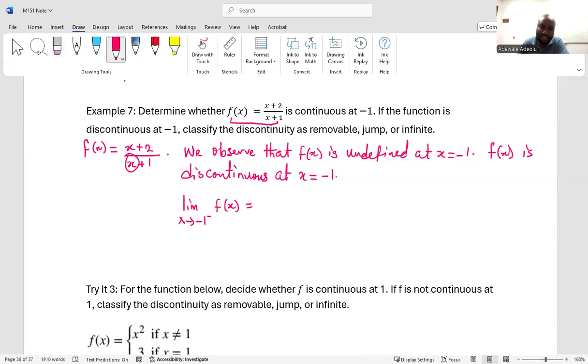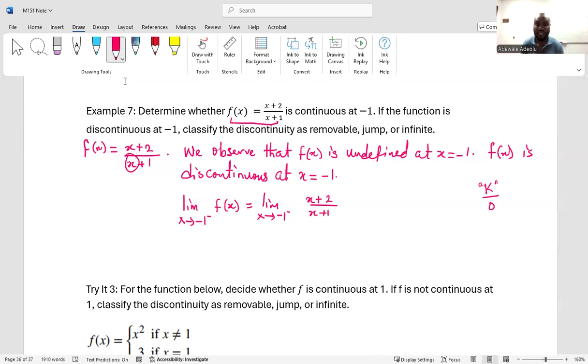You will see that in this case, that is limit as x goes to -1 from the left of x plus 2 divided by x plus 1. This is a situation whereby we are having k over 0, this form. And if you remember how we solved this, that is in lesson 3.